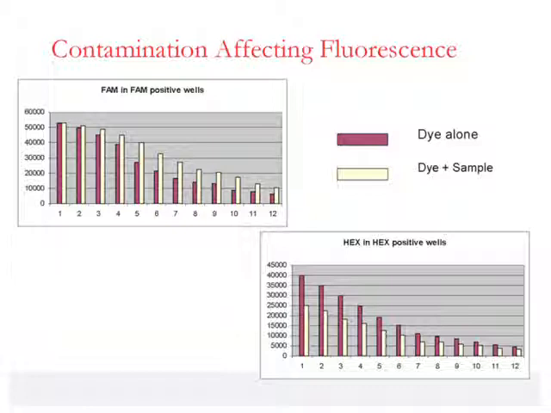So in this example, we can see that the inhibitor effect is actually an effect directly on the fluorescence signal. And of course, this means that if the FAM signal is enhanced and the HEX signal is suppressed, clearly the presence of any heme within the sample, or any other factor affecting fluorescence, is going to impact on the genotyping assay in the way that we saw on the previous slide.